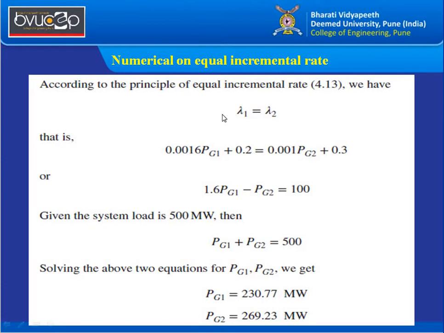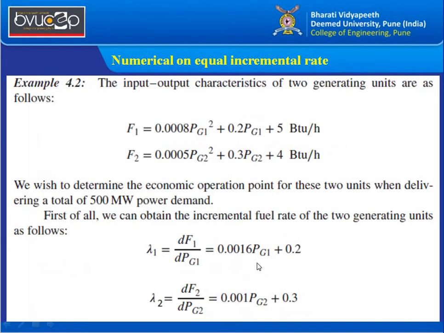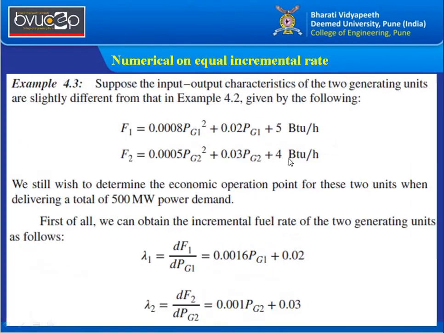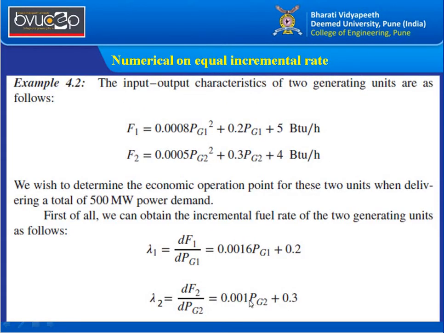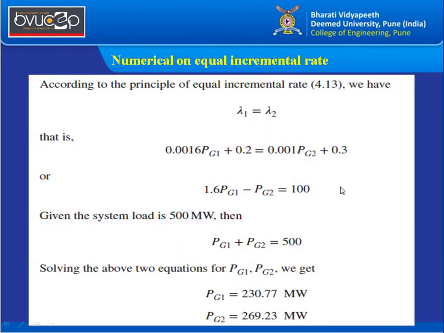When we equate both equations, on the left side lambda 1 is 0.0016 Pg1 plus 0.2, which equals 0.001 Pg2 plus 0.3. When we solve this equation, we get an expression that is a combination of two unknowns, Pg1 and Pg2. So this is going to be the equation.